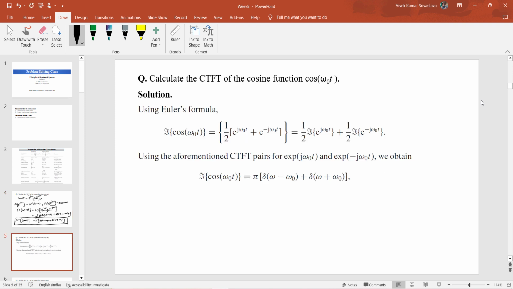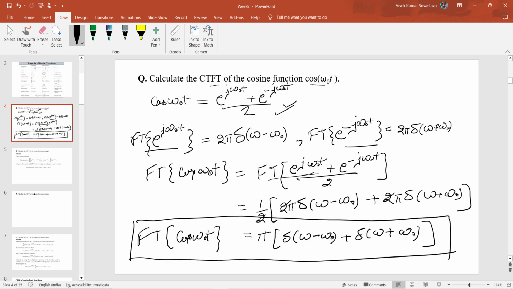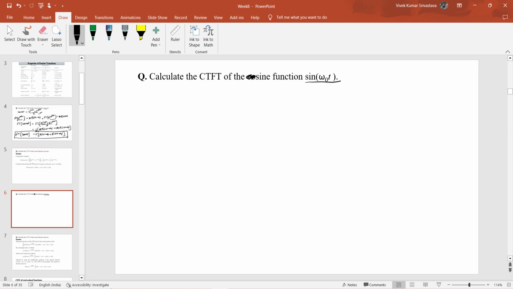So here is the solution. Now we have to find, oh sorry, this will be sine. We have to find the continuous time Fourier transform of sine of omega naught t. Either we can evaluate the Fourier transform of sine of omega naught t using the previous method, or we can use the properties of the Fourier transform.